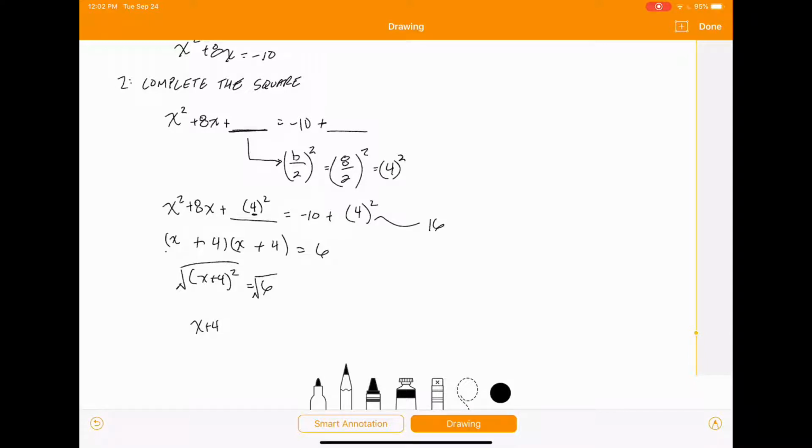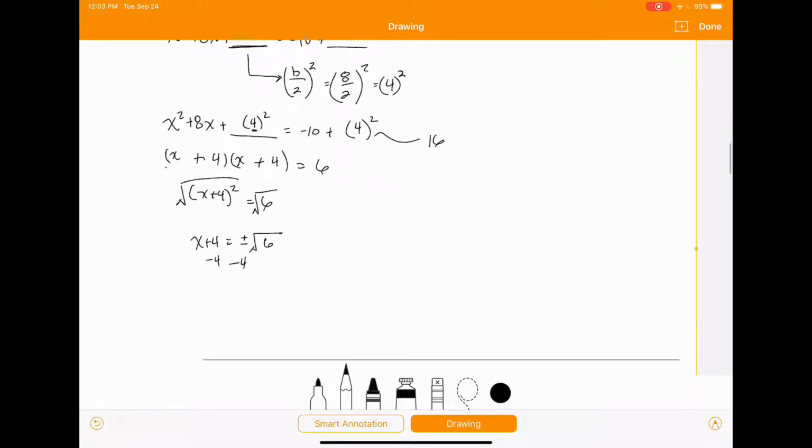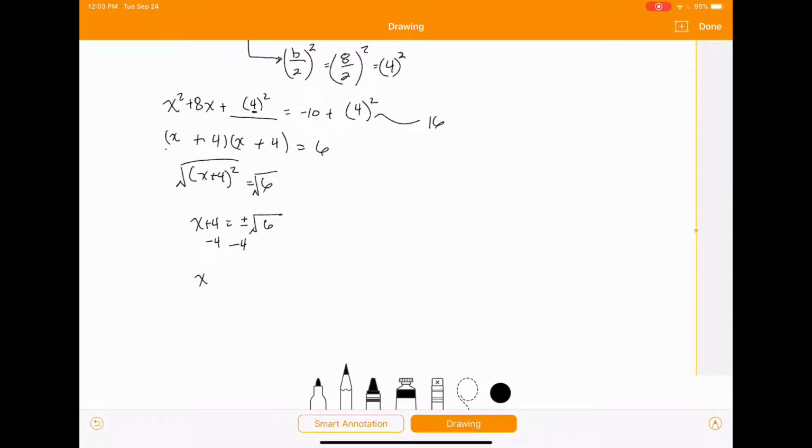And remember, when you take the square root, you're going to do a plus or minus the square root of 6. And then you just isolate your x. We're going to subtract 4 from both sides, so we're left with our solution as x equals negative 4 plus or minus the square root of 6. And that's our answer.